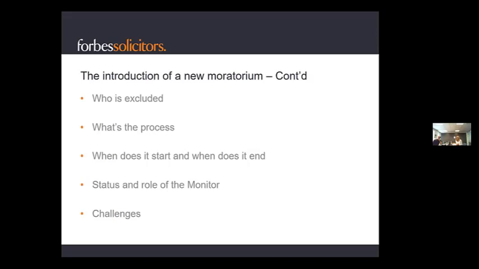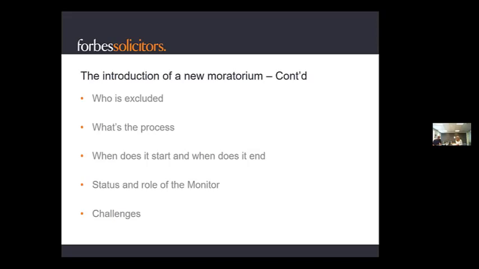Right to challenge. The Act does provide for the right to challenge the monitor's or the directors' actions, decisions or failure to act on the grounds of actual or prospective unfair harm to the applicant. And there's also a right for a subsequently appointed administrator or liquidator to challenge the monitor's remuneration.